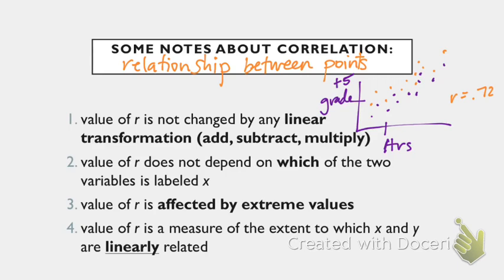The second one says that R does not depend on which variable is labeled X. So if I switch my scatter plot and put hours here and grade here, that would not affect my R value.